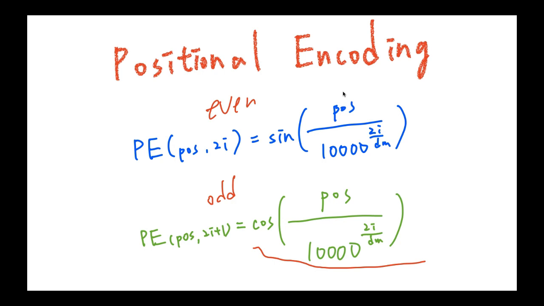For every dimension, you will have a different wavelength. This controls the wavelength, and for different positions, you will have a different phase in this sine wave. So in dimension 1, you will have the same wavelength, but in a different position, you will have a different phase.